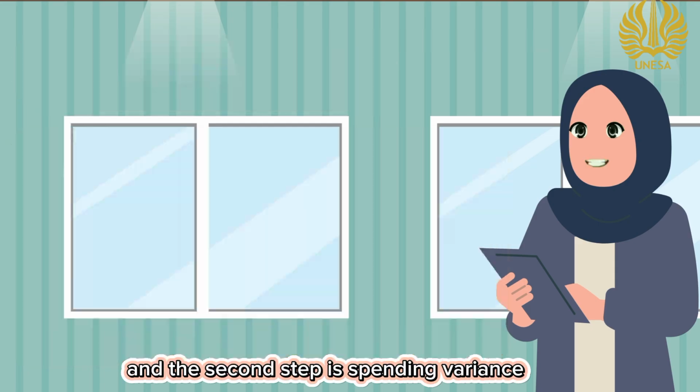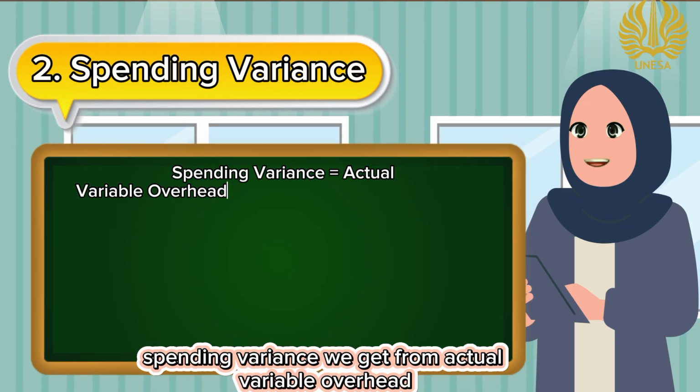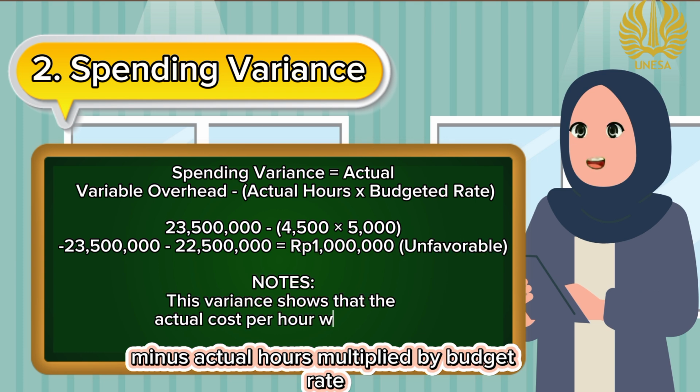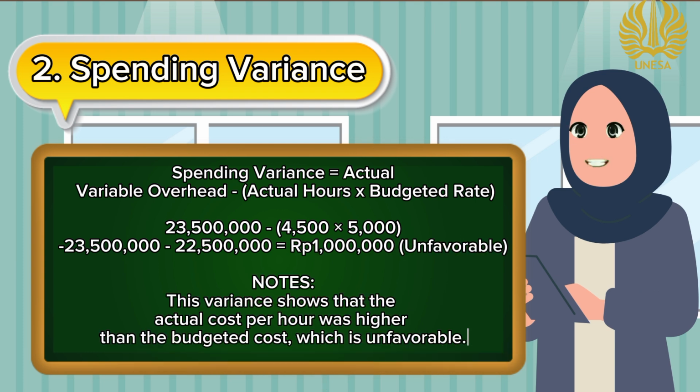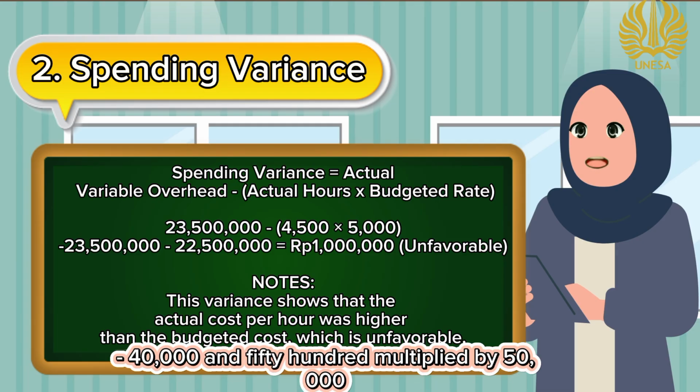The second step is spending variance. Spending variance we get from actual variable overhead minus actual hours multiplied by budget rate. So 23,050,000 minus 4,500 multiplied by 5,000.